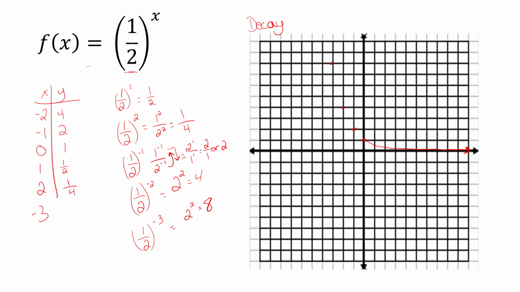That puts us a little bit closer to the top of the graph. This is what we consider, again, exponential decay. Reading from left to right, the graph is decaying, getting less and less as it approaches 0.